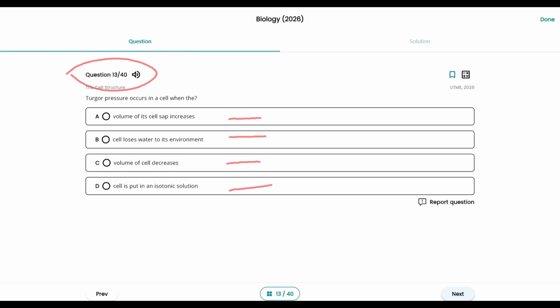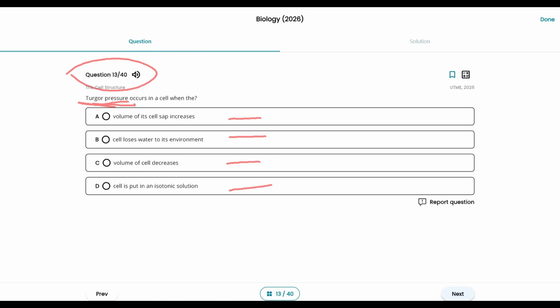The key word here is turgor pressure. Before we look at the options, let me remind you what happens to a plant cell when water enters it.